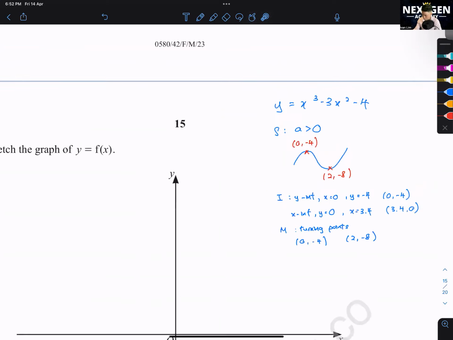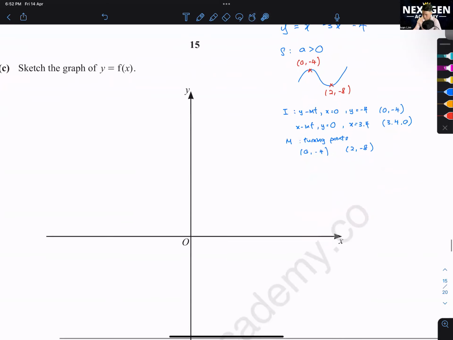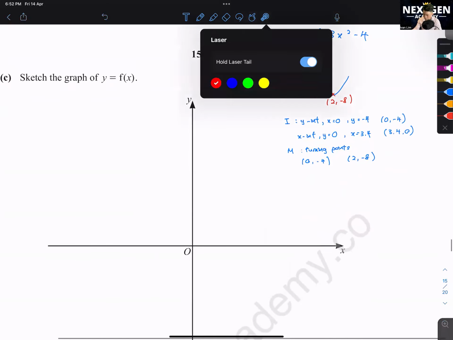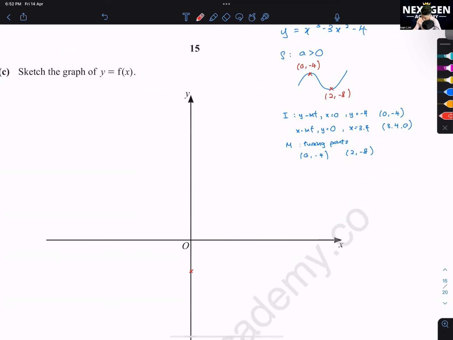So what we want to do right now, we need to roughly sketch, and how do we sketch it? We need to know these points first. So where is (0, -4)? (0, -4) is the turning point. So maybe somewhere here. This is my first turning point.